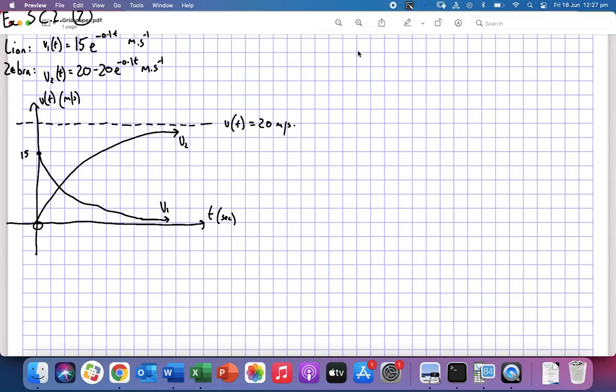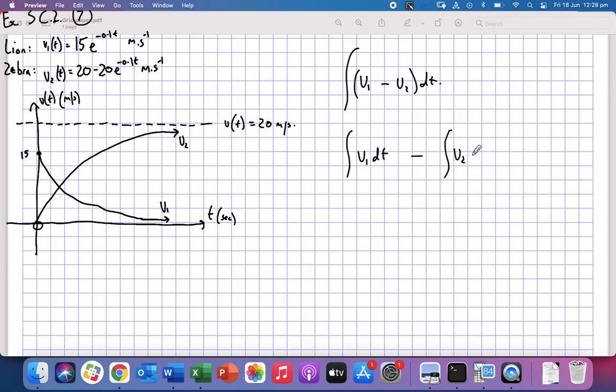So the integral of v1 minus v2, that's like, if I was to separate these out for a minute, just for the sake of clarity, treat them separately. I've got the distance the lion's covered, subtract away the distance the zebra's covered.